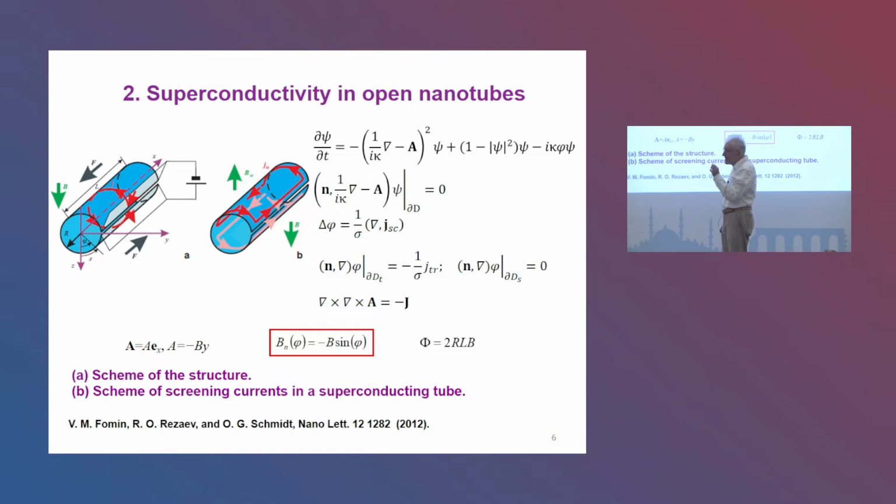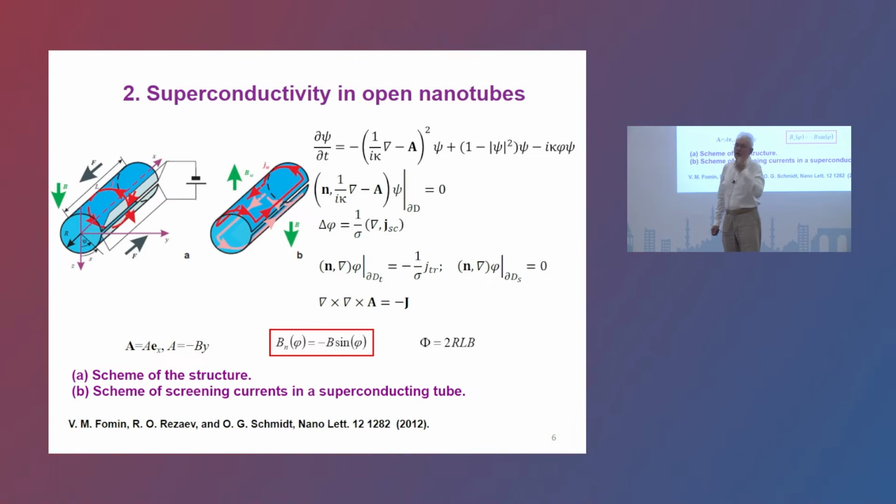One more important remark before we go further. These tubes are really very narrow. The thickness of a typical niobium rolled up tube in the previous slide is 50 nanometers. And the radius can be 1 micrometer or 2 micrometers. Therefore, they are really very, very thin.